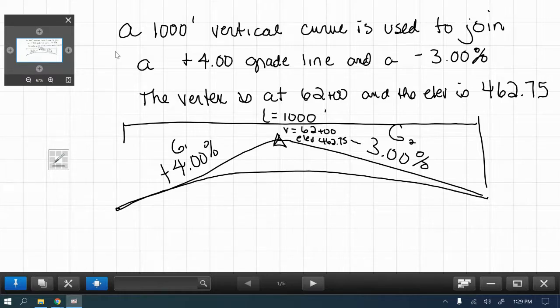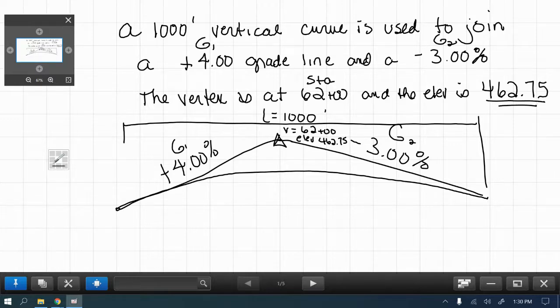It's used to join a plus 4% grade, so I'm going to call that my G1, and a negative 3% grade, so that's going to be my G2. The vertex is at 62 plus 00, and the elevation is 462.75.